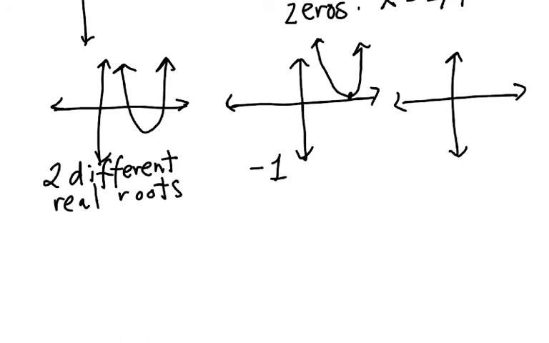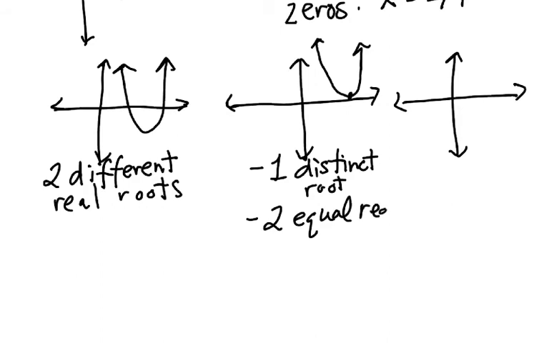One way is 1 distinct root, or the other way, we call that 2 equal real roots, because we have this arm of the parabola coming in, and then it goes in and out at the same point. So therefore, we call that 2 equal real roots, and we'll explain further why that is in the next chapter in 4.2.